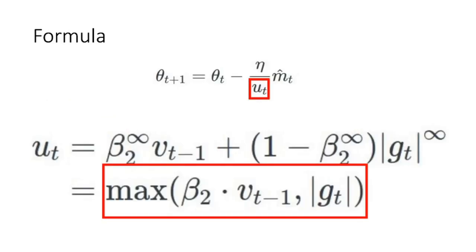So like you checked before, this is the L infinity norm of the gradient, and what we see after the derivation is the max of beta 2 times the previous vt, or the previous ut, and the absolute value of the gradient at time t.